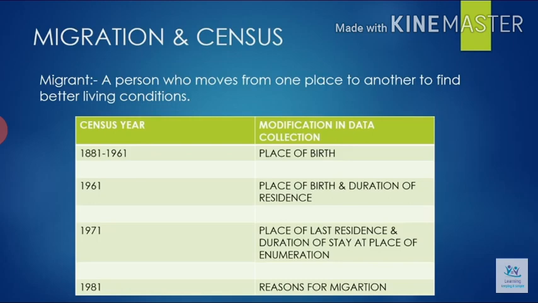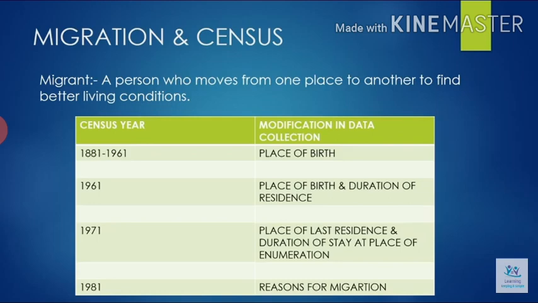You can see on the table, it means migration was recorded from the first census of India in 1881 based on the place of birth. Now the important question related to census. Please note down.